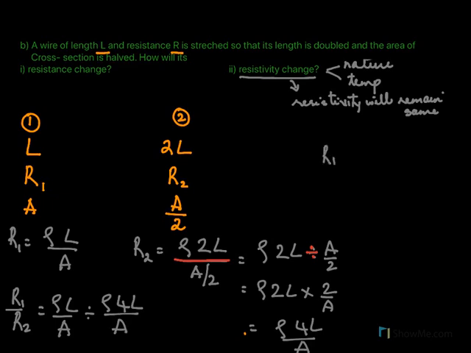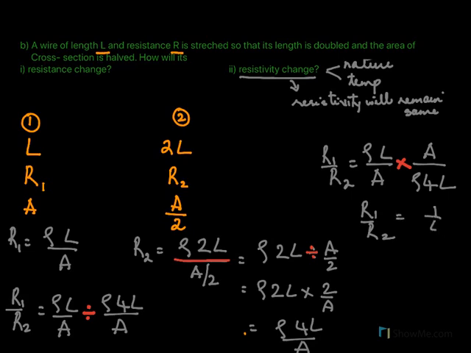I'll continue with this. So R1 by R2 equal to rho L by A. The division at this point I'm going to make multiplication, and then I take reciprocal, so it becomes A over rho 4L. So R1 by R2, this cancels out, so I get equal to 1 by 4.